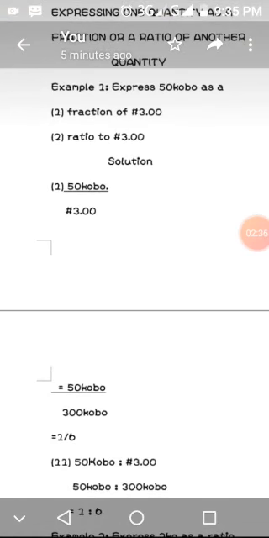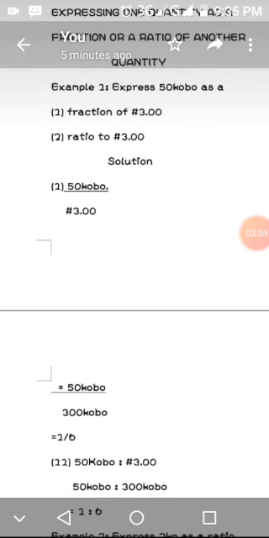And 2, express 50 kobo as a ratio to 3 naira. Now the solution is beneath it. For number 1, as far as it is a fraction, it will involve two numerals. One will be up, which is the numerator, and one will be down, which is the denominator, as you can see in the solution below.